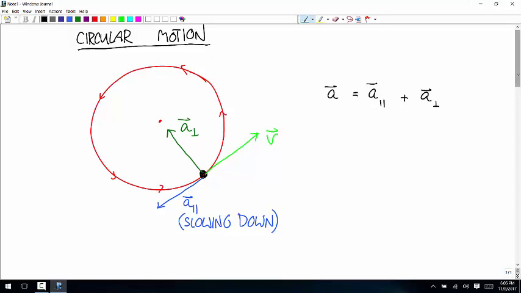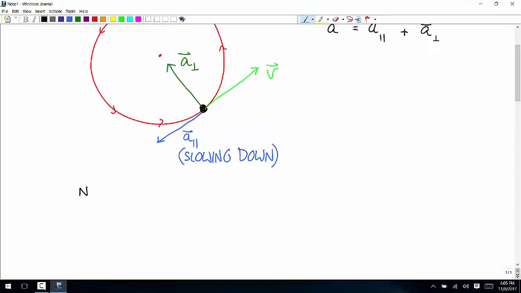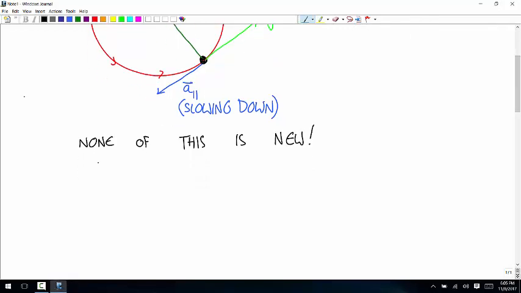So none of this was new. But there are a few new things that are going to go into this. So here's the new stuff. I'm just going to list it all out here, and then we'll work on some problems. But it's a very small list of things that are new to us.